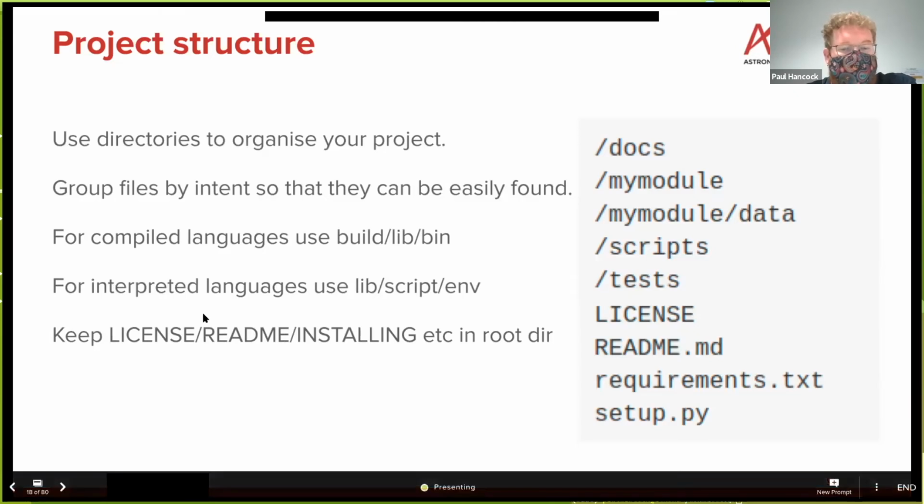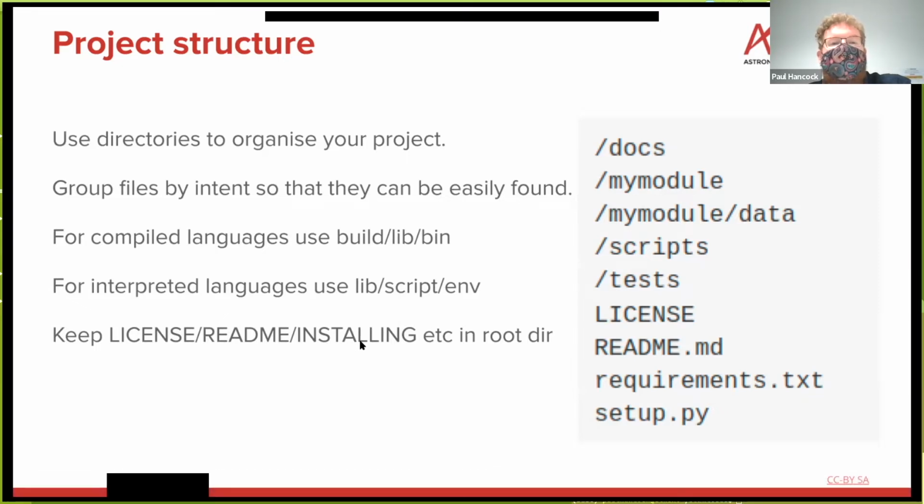They might look at the license, probably not, but a README file or a file that just says installing is a great place to draw people's attention and say, this is where you need to start. I'm going to explain to you either how to install the software or how to use the software, or at least how to find the instructions of how to use the software.